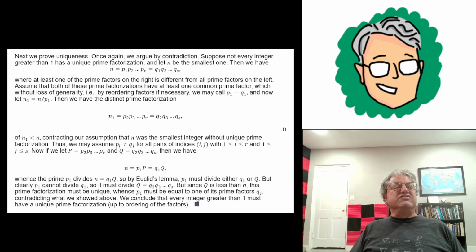So that means that each prime factor on the left, in particular p1, cannot be a prime factor of capital Q. So we just arrived at a contradiction. And that does complete our proof of unique factorization. A little bit of a complicated proof, but it's a very useful result, and I think it's important to see a proof of the fundamental theorem of arithmetic.